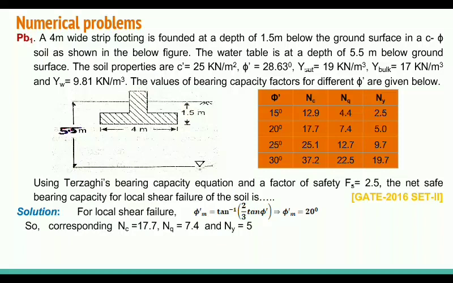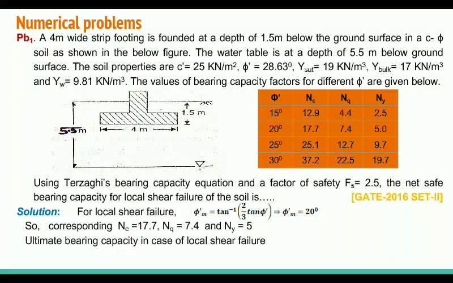For 20 degree, the Nc, Nq and N gamma values are given: Nc is equal to 17.7, Nq is equal to 7.4, and N gamma is equal to 5. Are you getting my point? We have to see the Nc, Nq or N gamma values not for phi'. For the local shear failure, we have to see the values for phi'm, that is the mobilized angle of shear resistance.